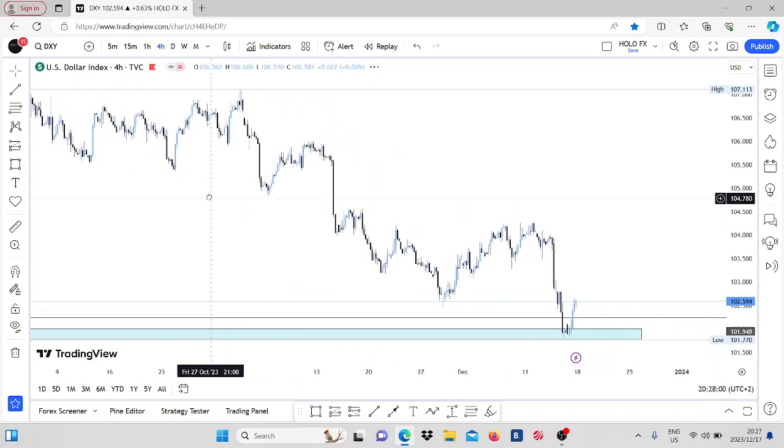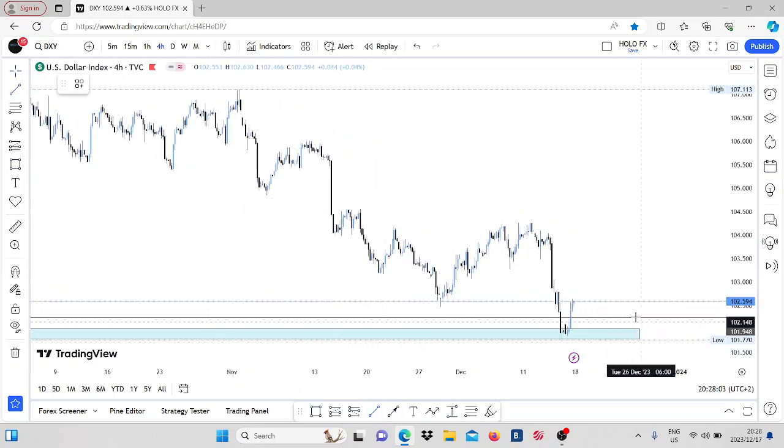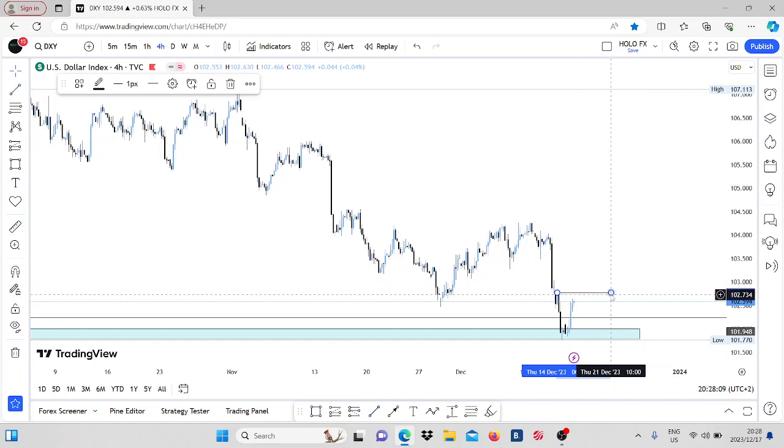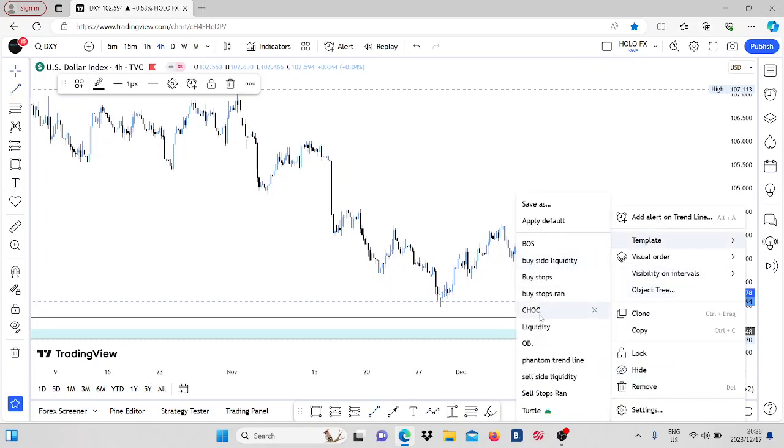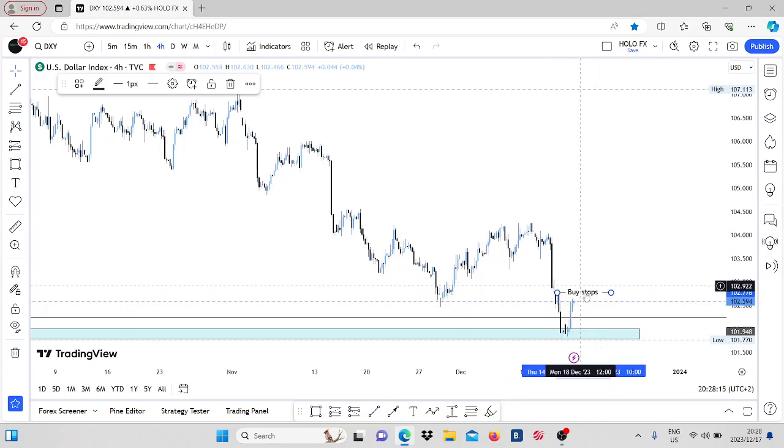What will make us be buyers of the market long term is when price violates this area, these buy stops. Once price takes out those buy stops, that's when we're gonna look for buys.